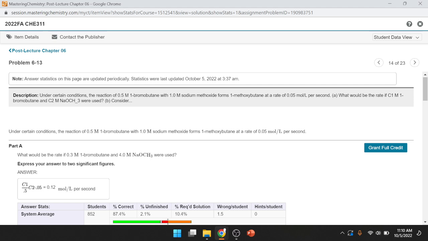That would simplify to 0.5, right? So you'd have 0.05 divided by 0.5 on one side. On the other would be your rate divided by your new concentrations. Well, your new rate is what you're looking for, right?